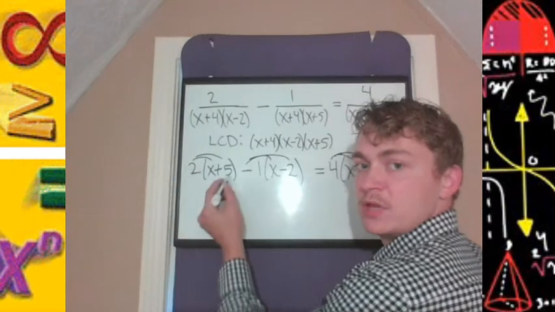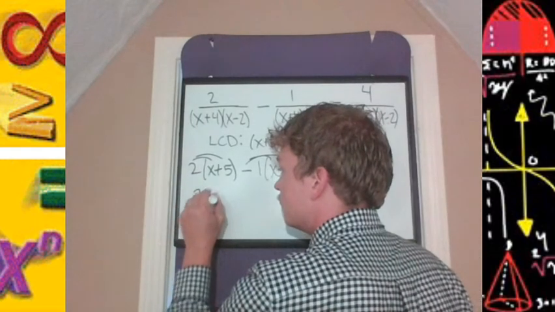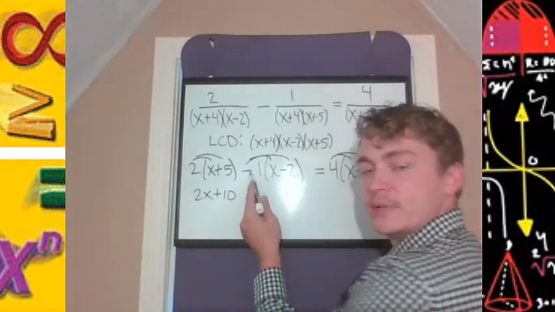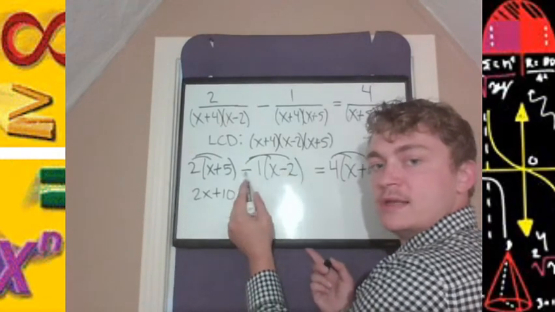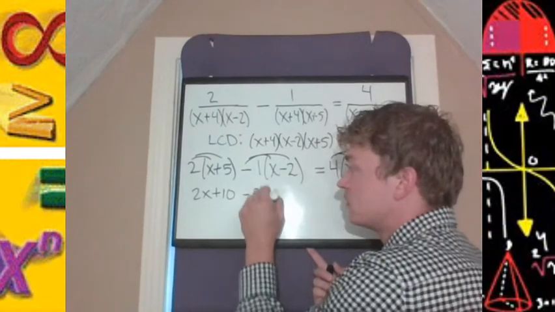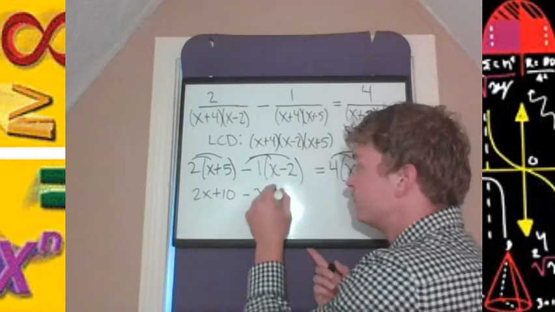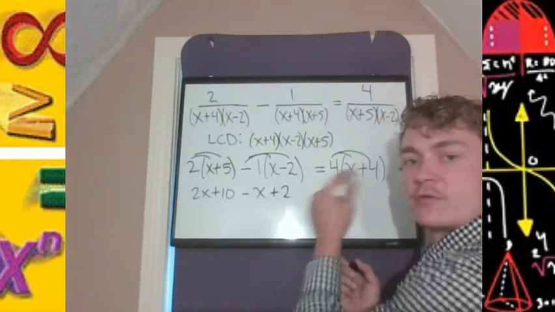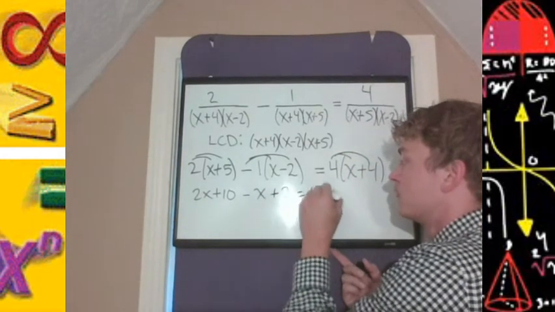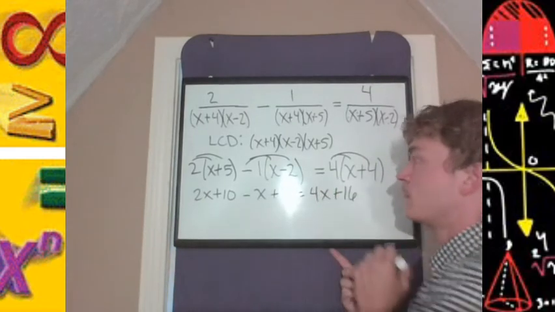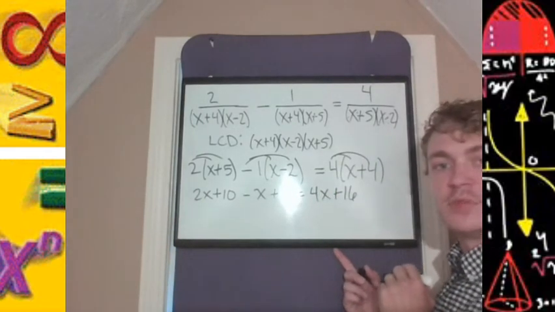2x plus 10. Distributing the -1, -1 times x, -1 times -2. And on the right-hand side, 4x plus 16.